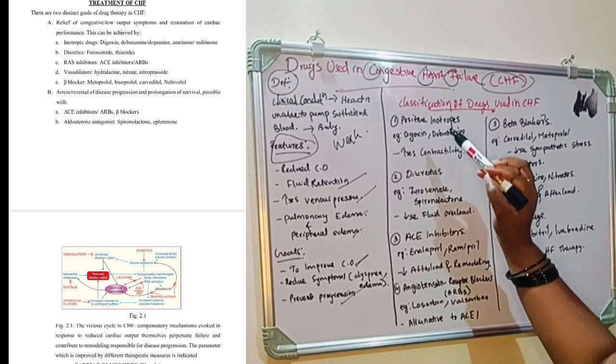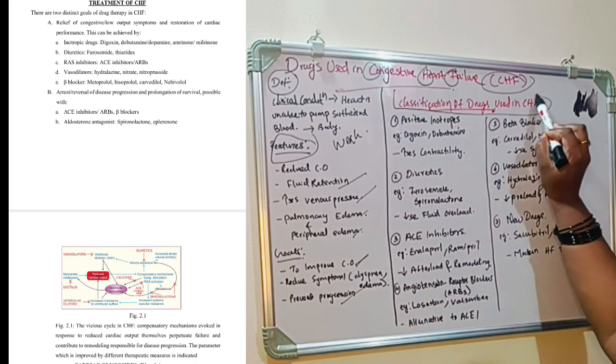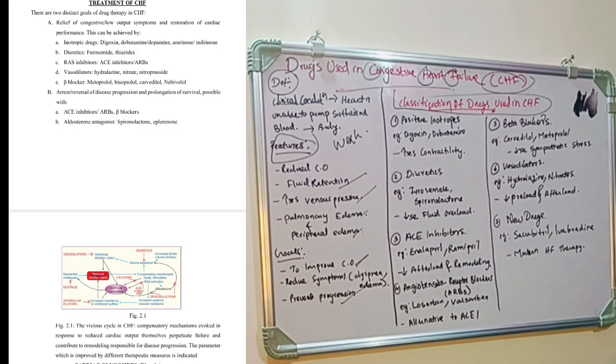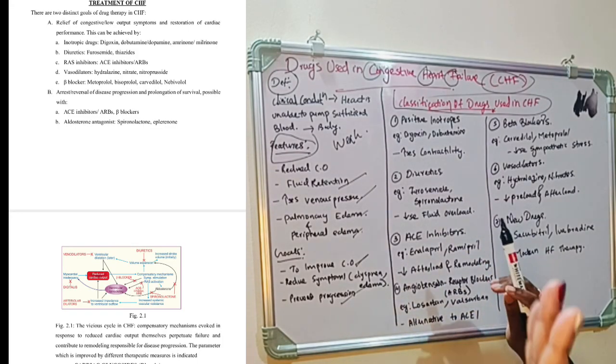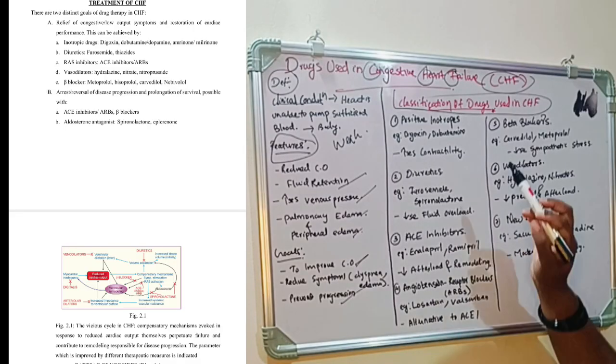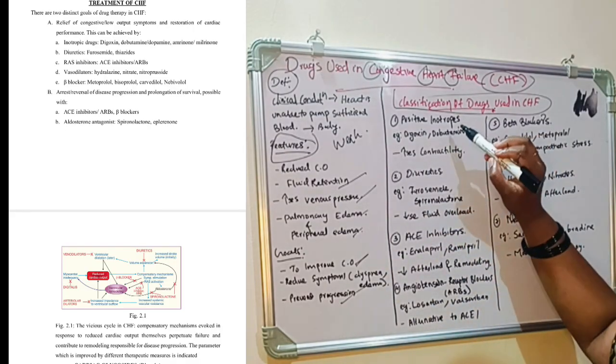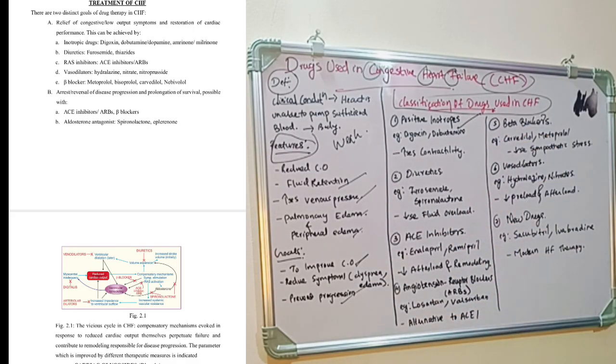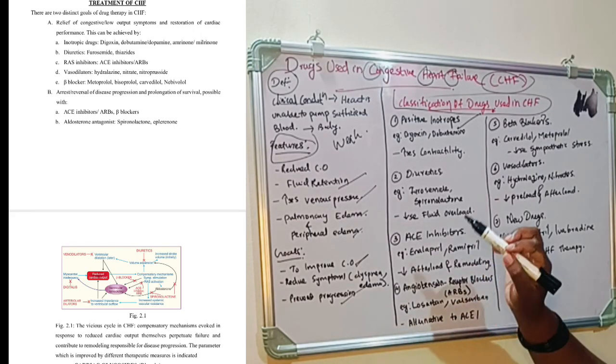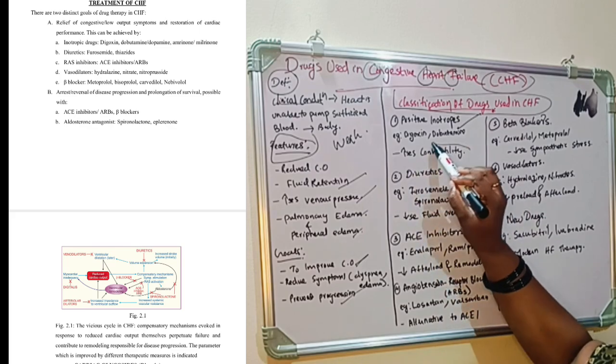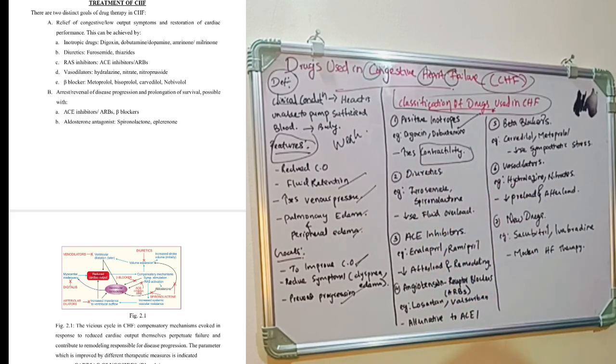So here the classification of drugs in CHF is very important. We have 7 types. The first one is positive inotropes, for example digoxin and dobutamine, which increase the contractility.